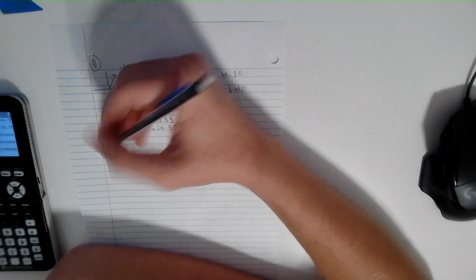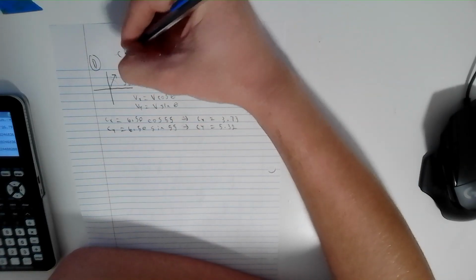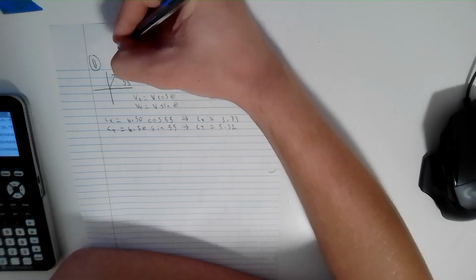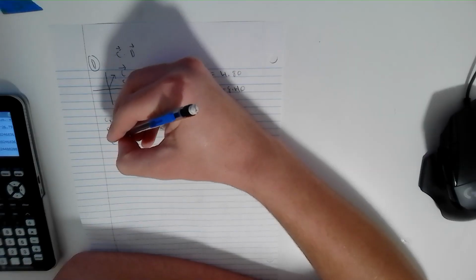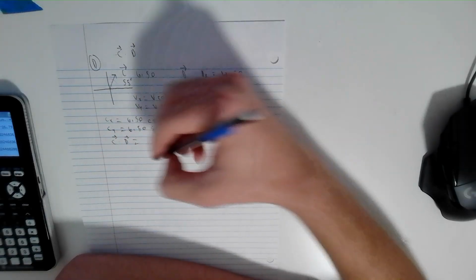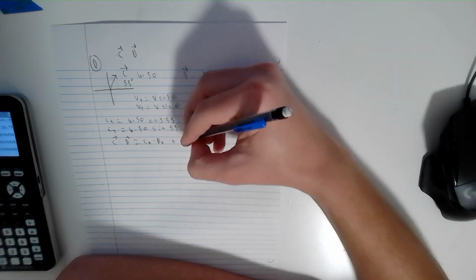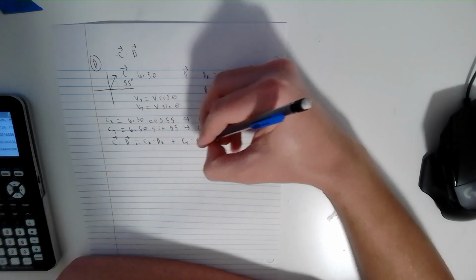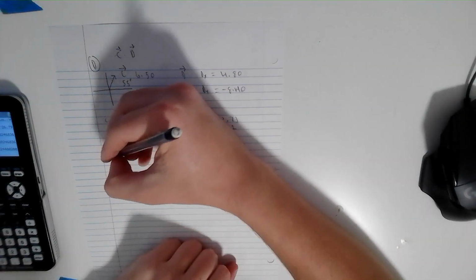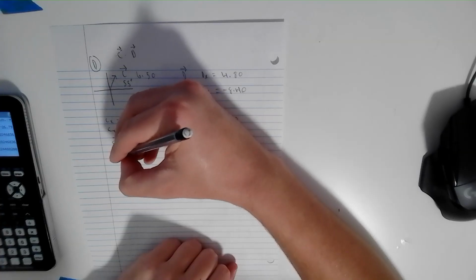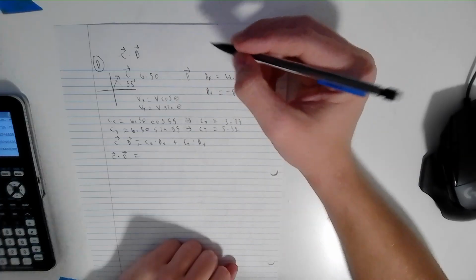So we're trying to find C times D. So C times D equals C of x times D of x plus C of y times D of y, and I have no z, so that's going to be the whole thing. So C times D equals, and then we just plug it in.